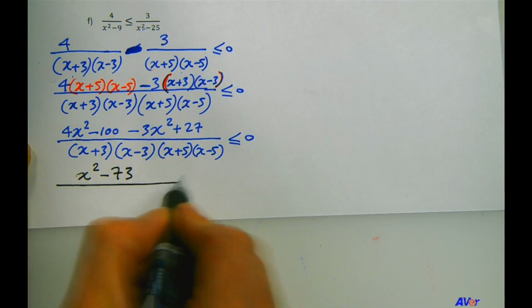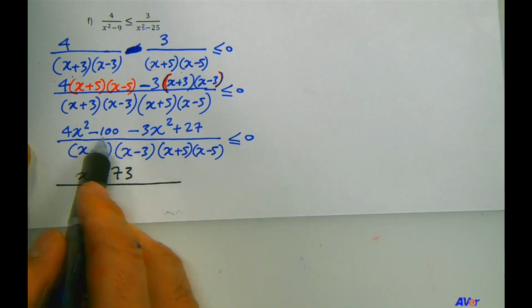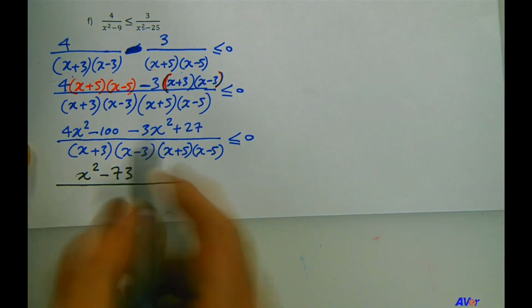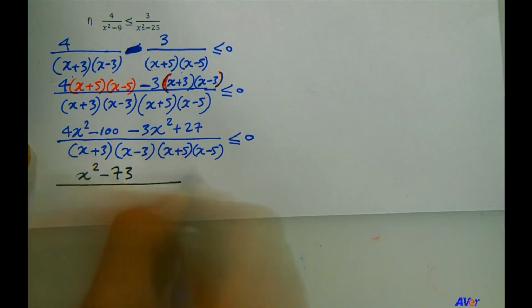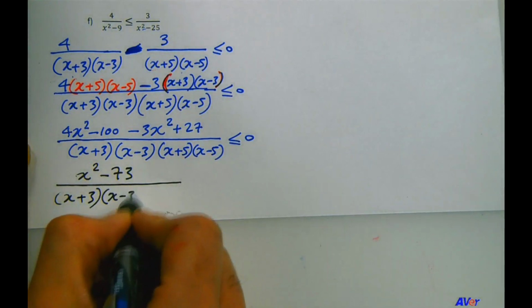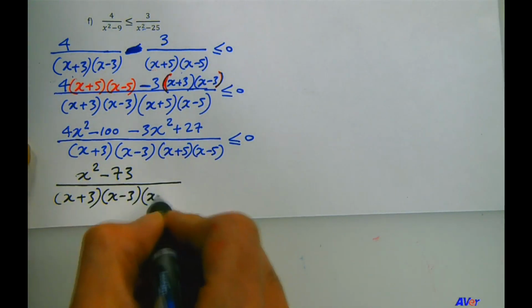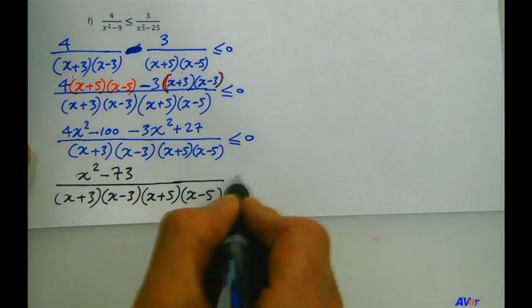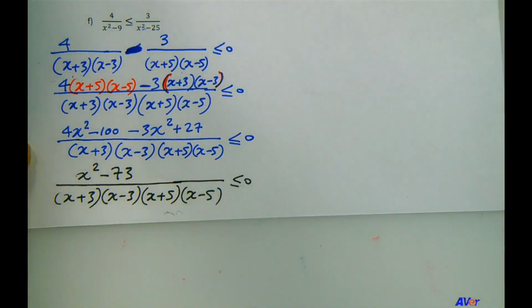All of that divided by, let me make sure, so, right? So 100 minus 27, so that's correct. Divided by all these factors, so x plus 3 times x minus 3 times x plus 5 times x minus 5, less than or equal to 0.